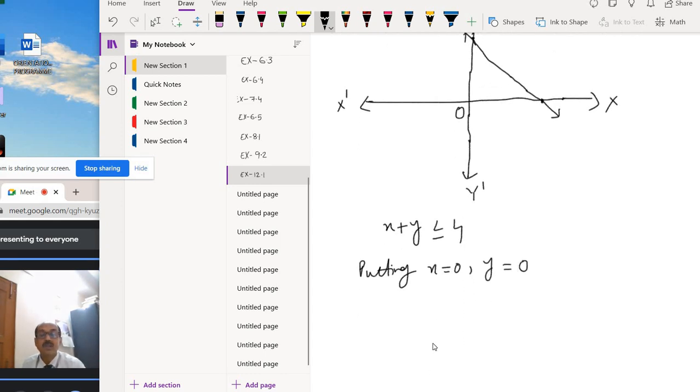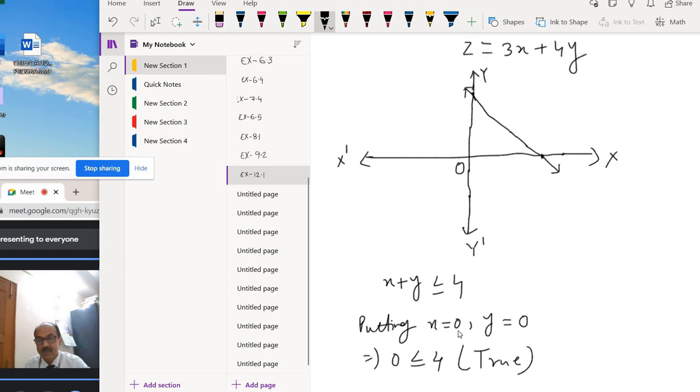Then this means 0 less than or equal to 4. Is this true or false? True. Okay. If it is true, then the direction of this line is towards the origin.